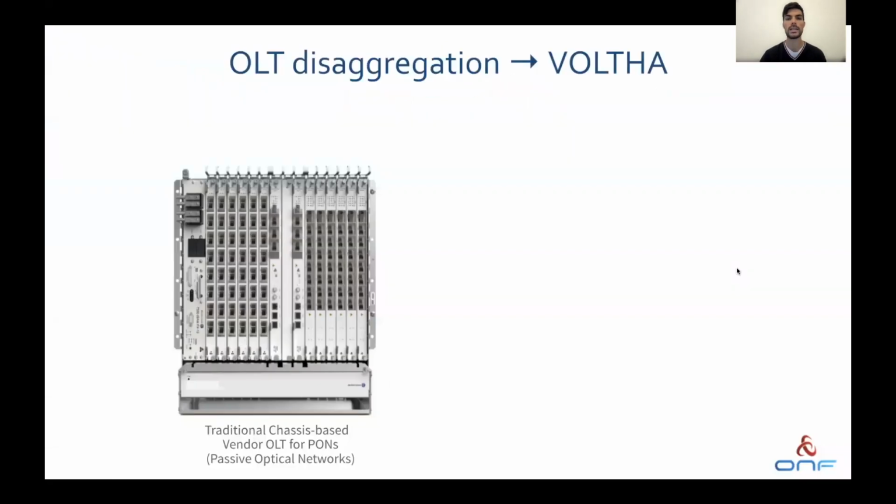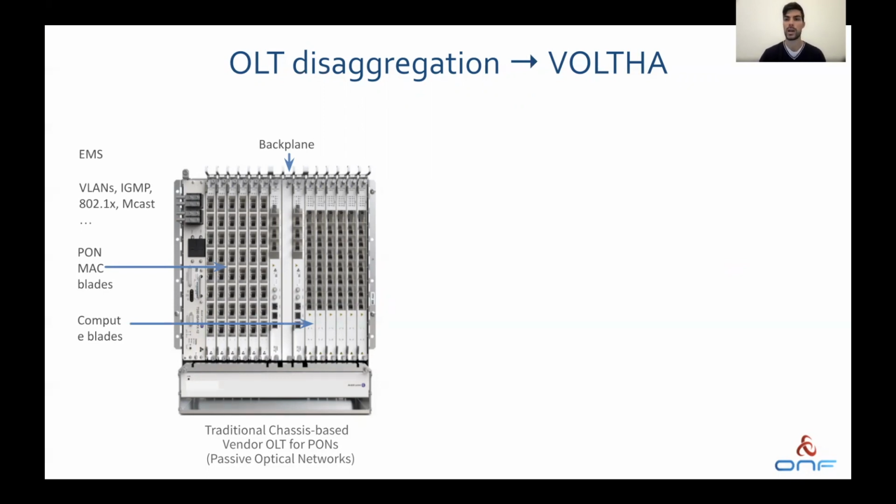So why is ONF going into the disaggregated OLT space, and why did it decide some years ago to pursue this project? Here on your left, you see a traditional chassis-based vendor OLT for passive optical networks. It's a vertically integrated element that comprises an element management system with the capability to manage different VLANs and protocols such as IGMP, PPPoE, multicast, authentication.